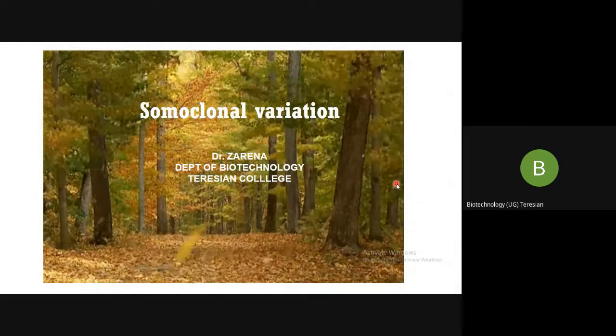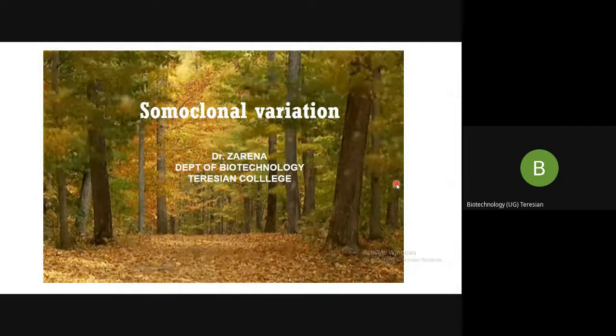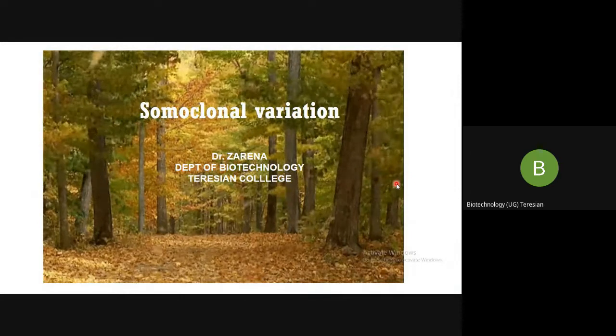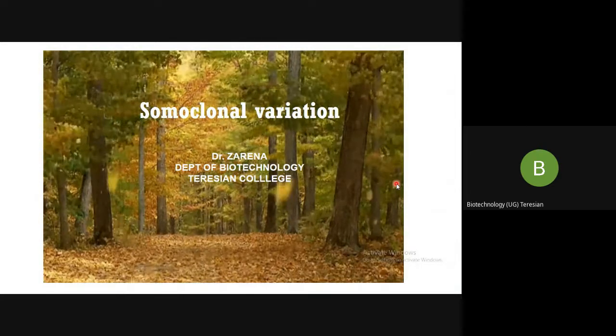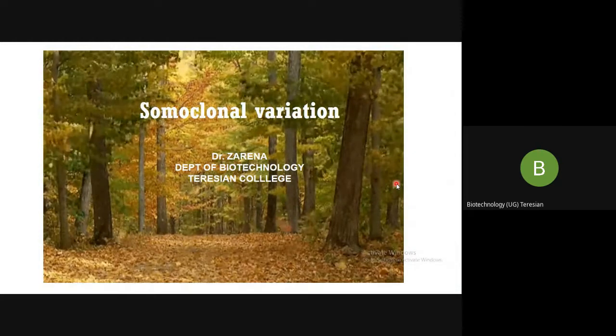In vitro means in the laboratory. I also told that somaclonal variation can have merits and demerits, which we will be dealing with in today's class.